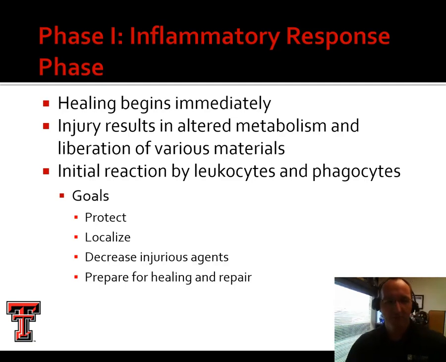So this initial inflammatory response is intended to protect the area from further harm, localize the damage as much as we can so that we don't get collateral injury, decrease things that might trigger secondary cellular death, and then prepare the site for healing and repair.